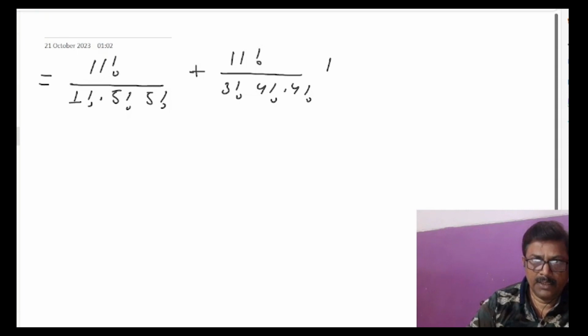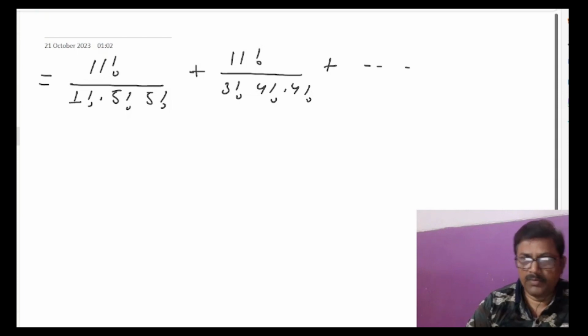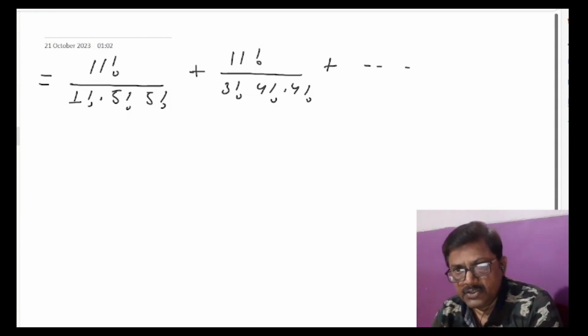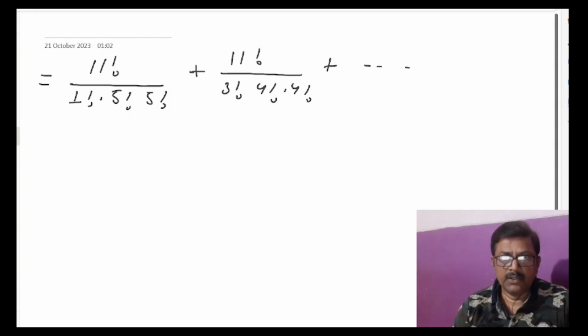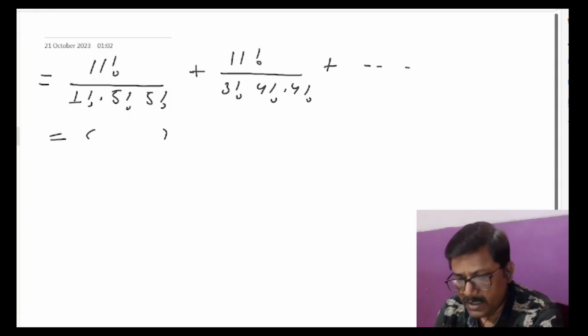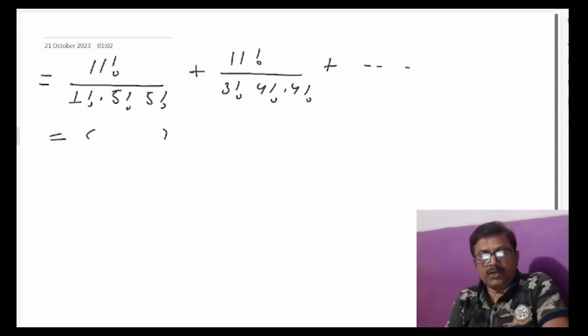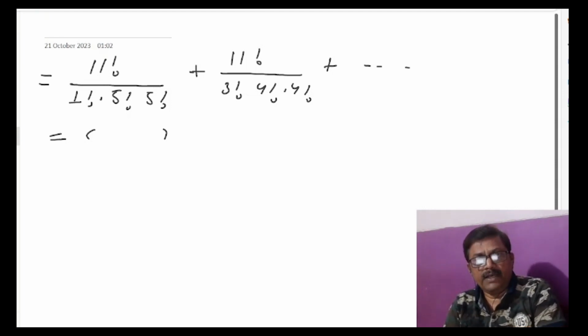So term independent. Similarly, we will find 6 terms, okay, and we will simplify these terms and add all of them, then we will get our answer. We will get a number that will be the total term independent of x, okay.